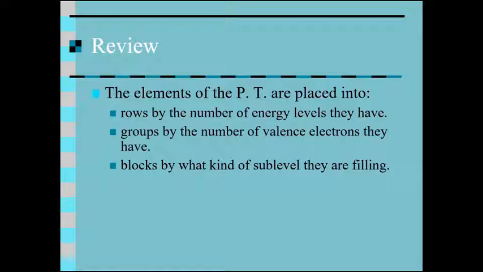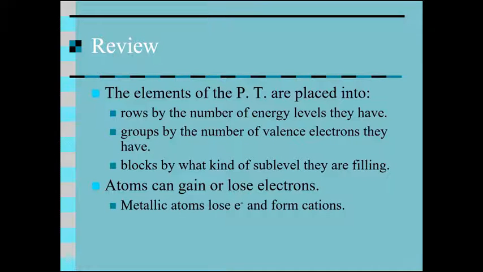The periodic table as a whole is divided into certain blocks like s block, p block, d block. If outer electrons are placed in an s orbital, then those elements are called s block elements.